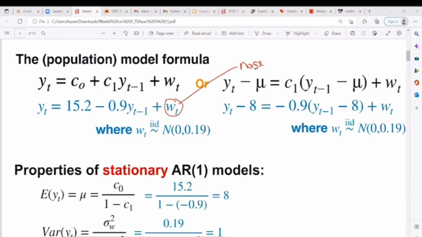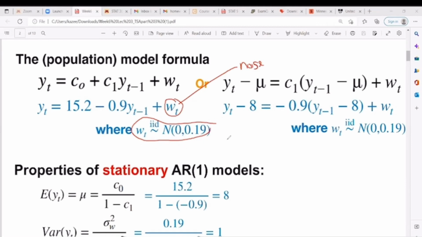So the assumption here, when an autoregressive model is given, is that the mean of WT, the noise, is equal to 0.